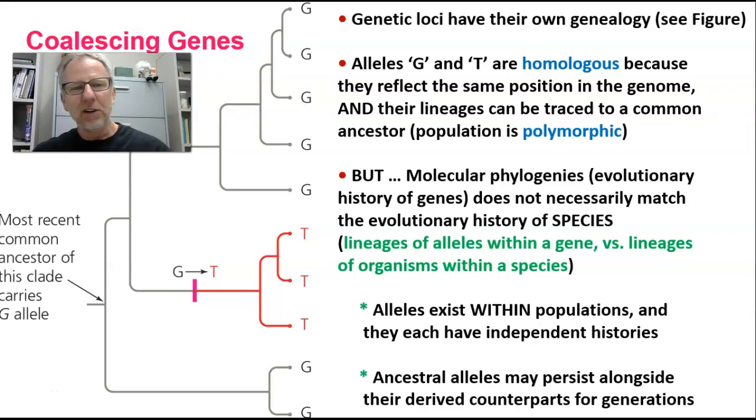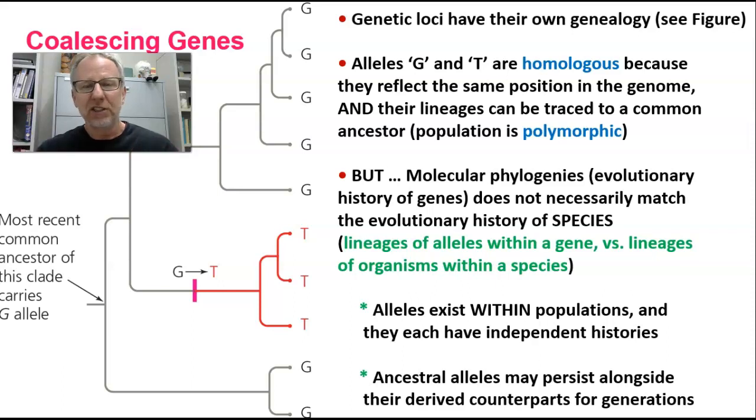But at some point, you can see on one of those lineages for allele G, there's a mutation, and that guanine at that particular site gets converted into a thymine. Now that allele that has a thymine instead of a guanine is being passed on through its own successive generations, and now it has its own history.